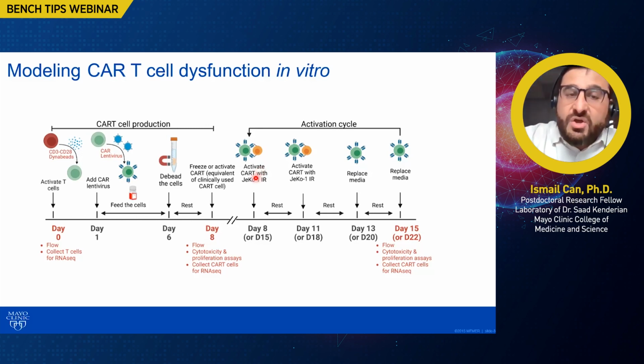In this one, we co-culture our CAR T cells with a cell line that's positive for the intended antigen, which is JeKo-1, that's CD19 positive. We culture them and then rest, culture and then rest. What we are doing is mimicking the relapse of cancer, and we are also giving cells time to recover from exhaustion, to look beyond it for whether senescence is happening in our cells.